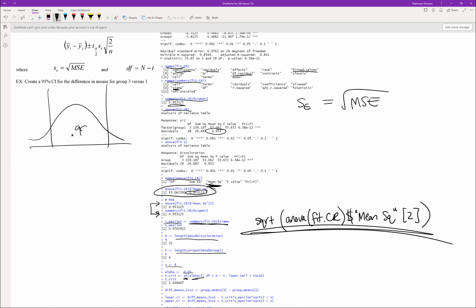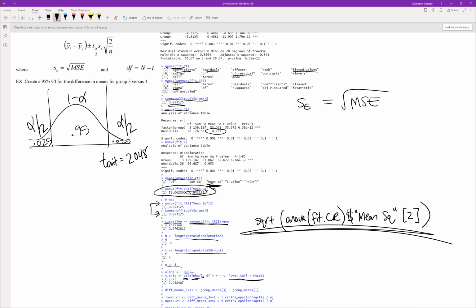If 95% is in the middle, 0.025 is on each side. That's alpha over 2 on each side, and 1 minus alpha in the middle. I'm saying lower tail equals false because I want this positive value for t crit, and we get that value to be 2.048.